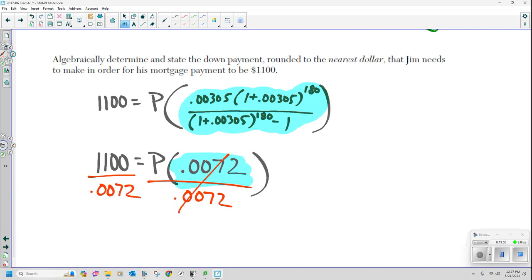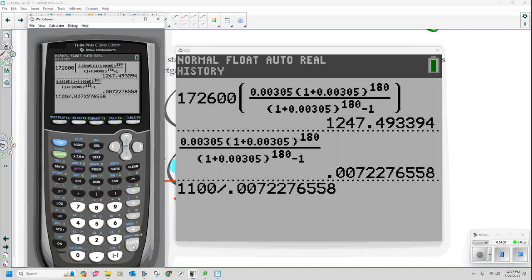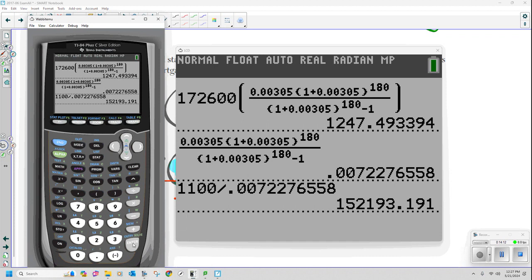Now, this cancels. In your calculator, don't shorten this decimal. Actually take my 1,100 and divide it. Go up here and highlight this. Boom. Okay, divide it by the whole thing. So let's not round yet. All right, I was actually close.